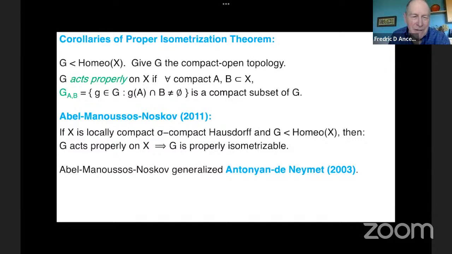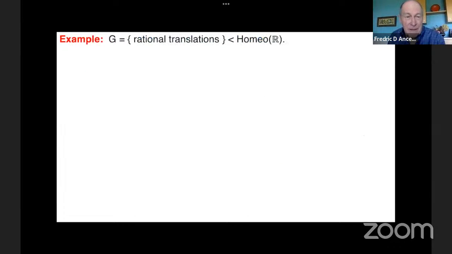But I think there's a difference in emphasis: in this theorem, you needed to put a topology on G, and then your hypothesis included a condition on the topology. The theorems I proved look at the way G acts on the space, and those are the hypotheses of my theorems.